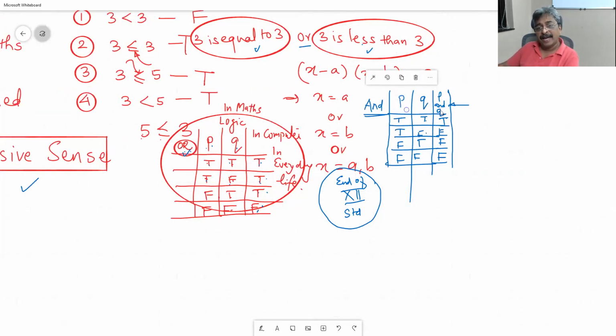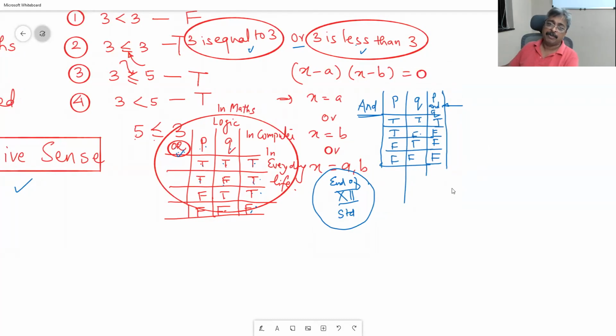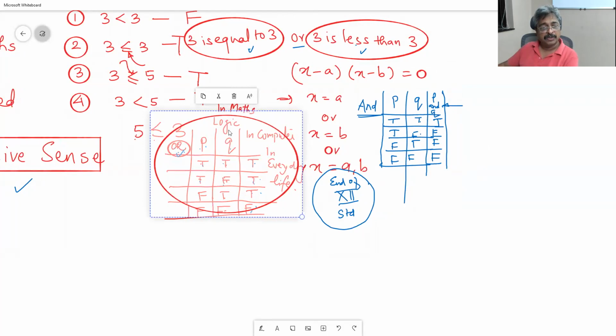If P and Q is your compound statement, only if both of them are simultaneously true is the compound statement true. If any one of them is false or both of them are false, then the compound statement is false. That is the important discussion, and this will be used. This is the first thing that we will learn in the 12th standard topic called logic.